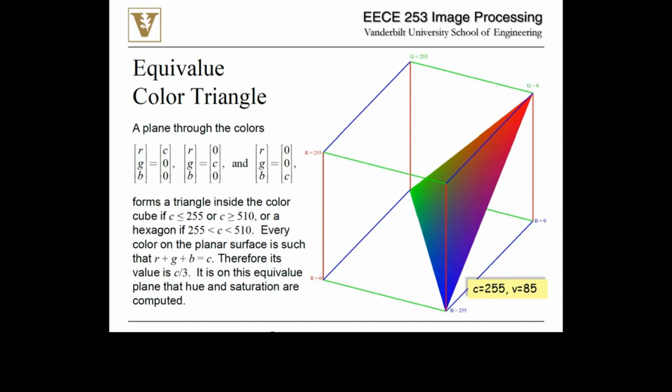Here we have the blue axis, this is the red axis, and this is the green axis. So this face of the cube is the plane with the equation green equals 0.